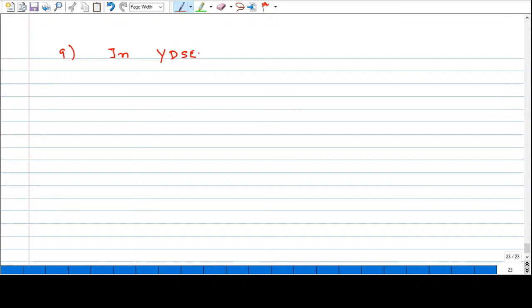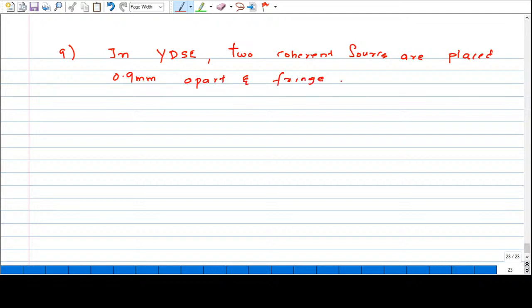In YDSE experiment, two coherent sources are placed 0.9 mm apart and fringes are observed 1 meter away.